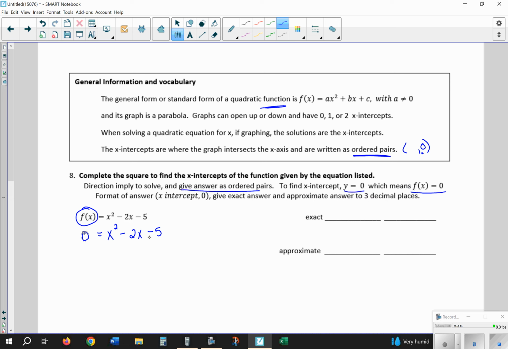Now we notice in this one that the equation has the equal 0 on the left side. So the first thing that I would do is just use my symmetric property of equality and write it the other way.